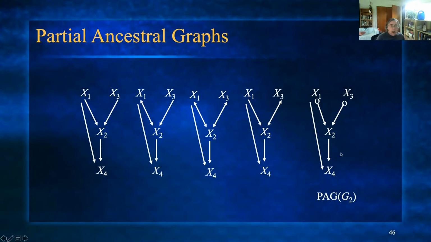In addition, there are cases where you can tell when there's a directed edge connecting two variables. Sometimes you can tell that, as a matter of fact, the directed path from the first variable to the second variable contains only latent variables. And sometimes you can tell that there are multiple paths between the first variable and the second variable.